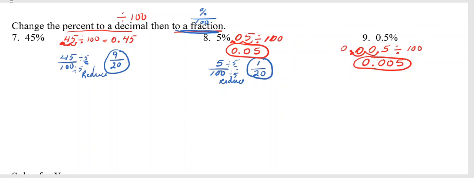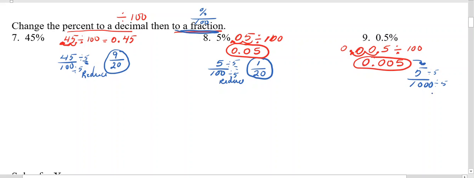Okay, I can still do the same thing with my fraction. I can take my decimal and write it over the thousandths place, just like this. I have 5 over 1,000, and if I reduce it, I'm still going to reduce it by 5.